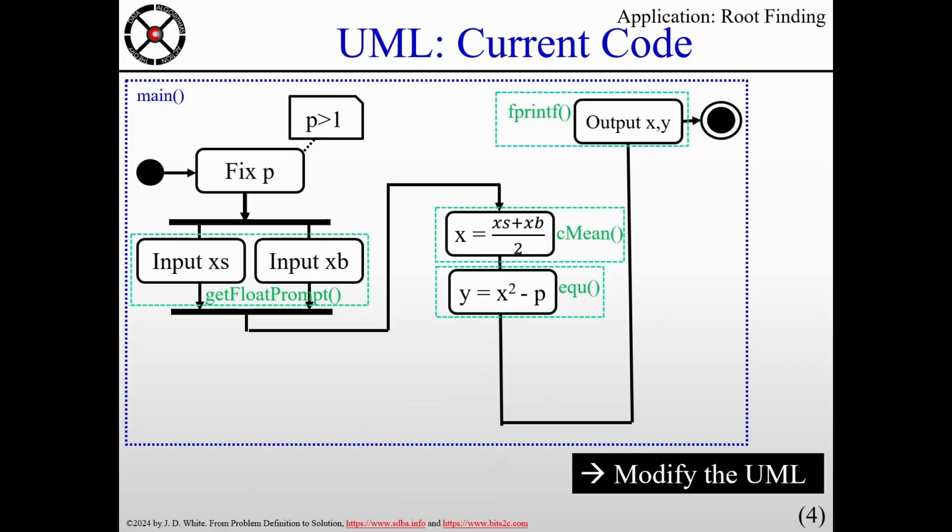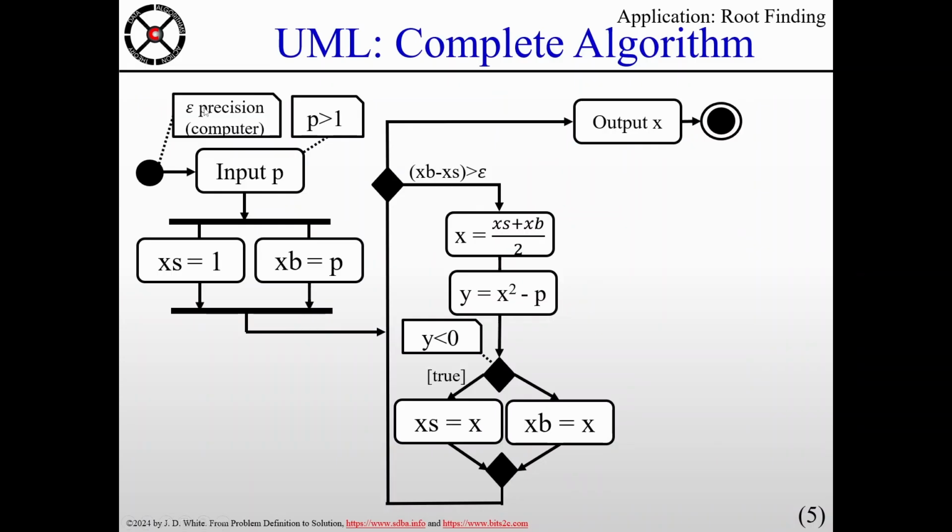All right. So basically, we now want to make the decision ourselves. So we're going to input p. We'll let the program choose the first small x and the first large x. We will then enter into our loop. If we're not close enough yet, we will enter into the loop, calculate the mean, calculate x squared minus p.